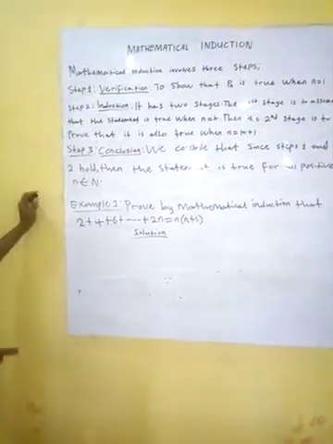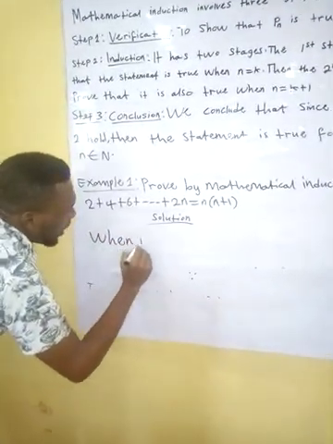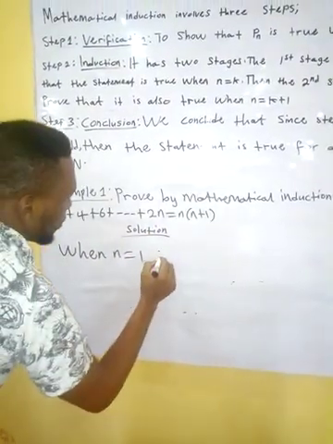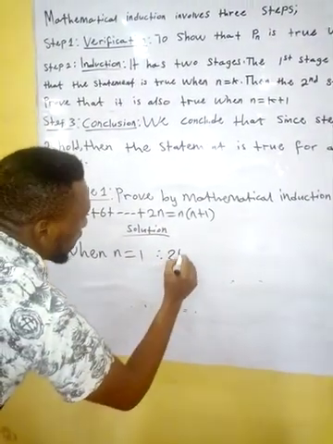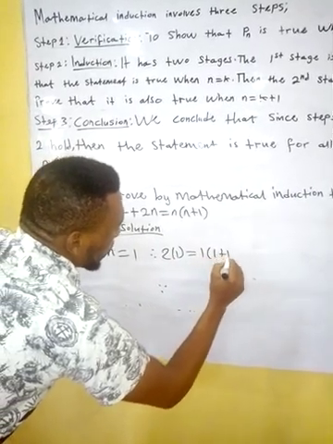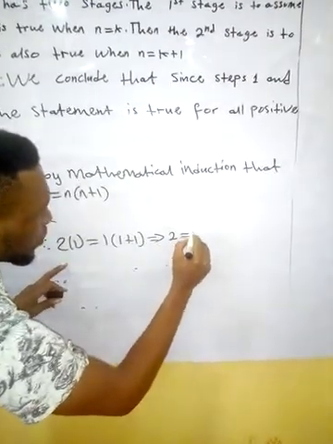Step 1, verification. You say when n is equal to 1, you substitute this in this equation. Therefore, 2 times 1 is equal to 1 times (1 plus 1). This implies that 2 is equal to 2.